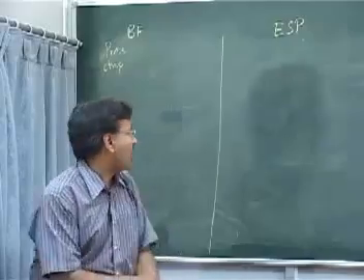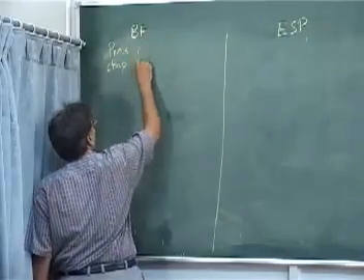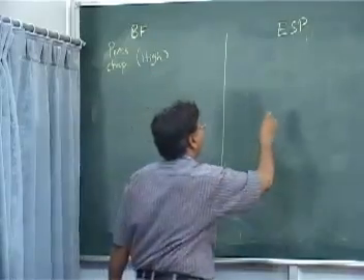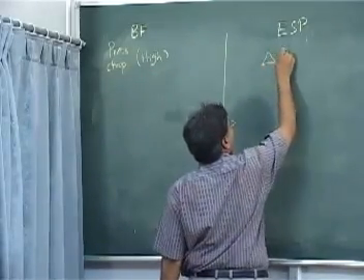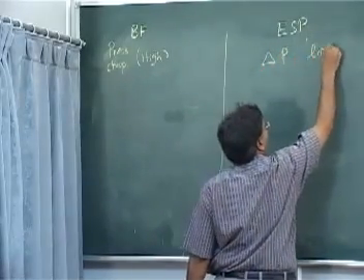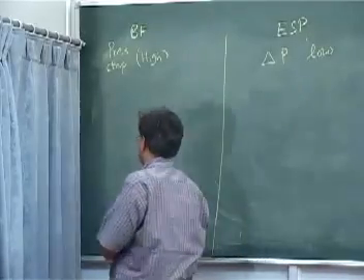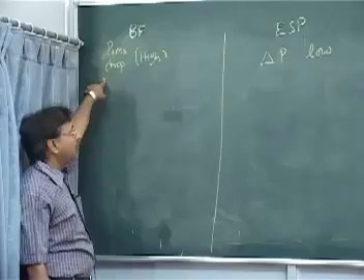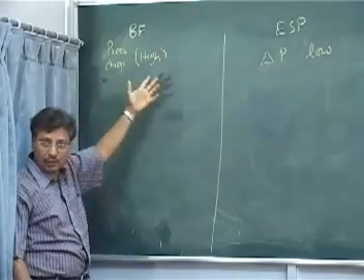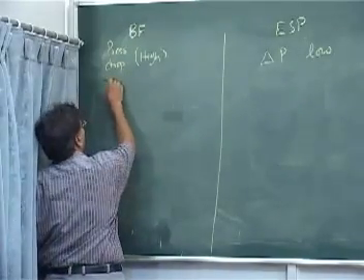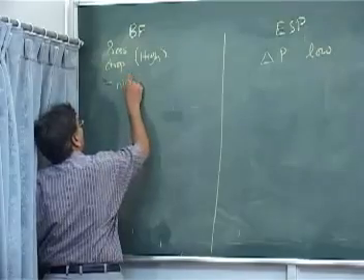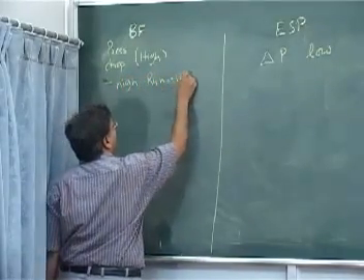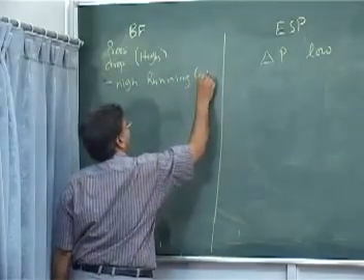Bag filters, okay, high. In the ESP, delta P is low. What does it mean in terms of the cost? High running cost because I have to put in the blower. So we say high cost.